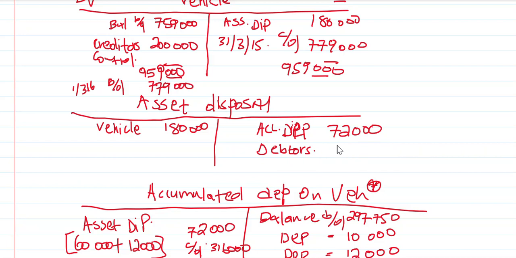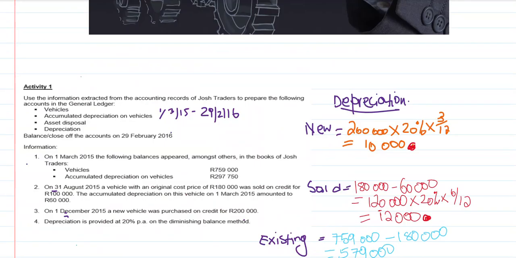Debtors control, which is 100,000 rand. Then gonna now divide everything here. If you remember this 100,000 rand is there. This one 180,000 rand.